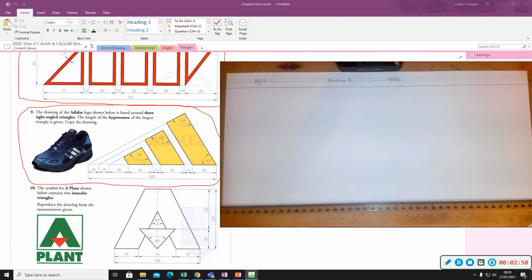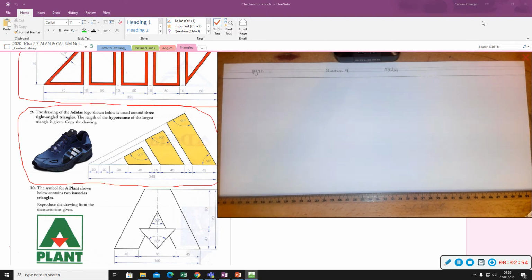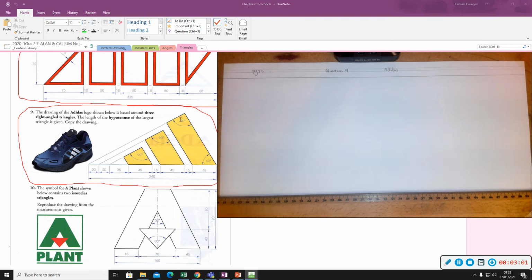So that's what I'm going to do here first. 180. The two angles that I have for that triangle are 90 and 60.